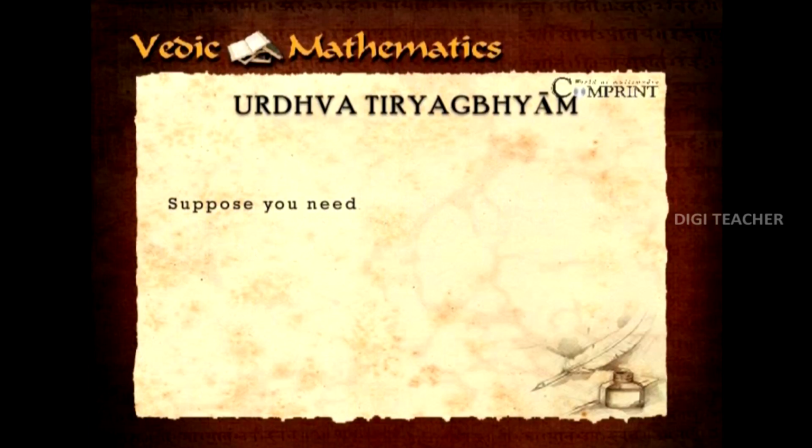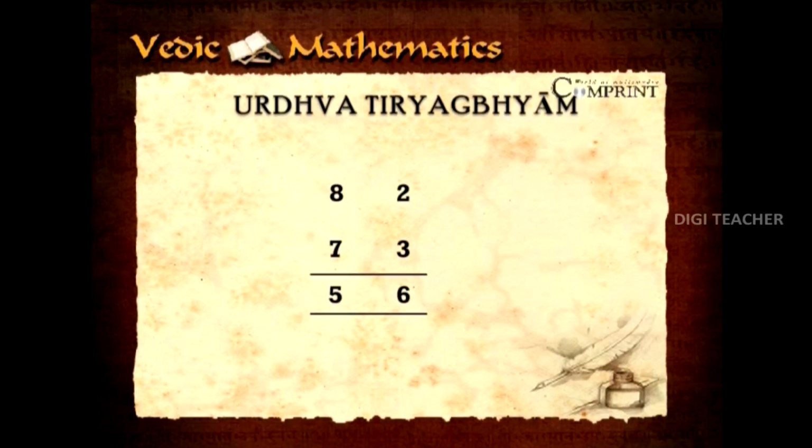Suppose you need 8 multiplied by 7. 8 is 2 below 10 and 7 is 3 below 10. Think of it like this. The answer is 56. The diagram below shows how you get it.